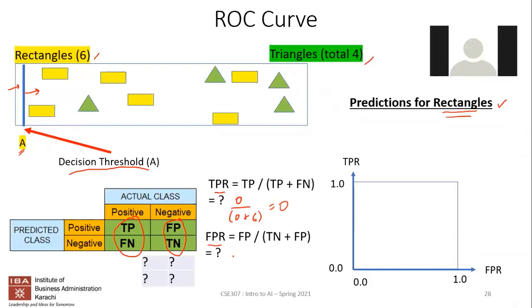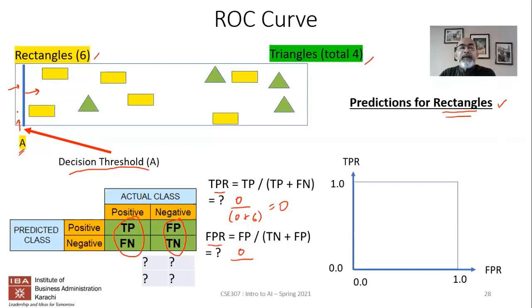And what about the false positive rate? So, false positives. Are there any positives? No. So again, there are no false positives. Positives are everything that is on the left side of this decision threshold, and everything on the right side of it is a negative.